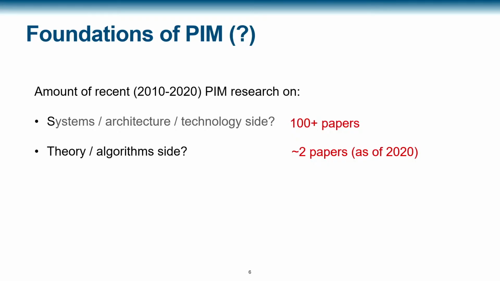It seemed that data movement is fundamental. We don't know the form factor it's going to take, but we do know that people are going to continue to want to do processing in memory. We need some foundational work on it.